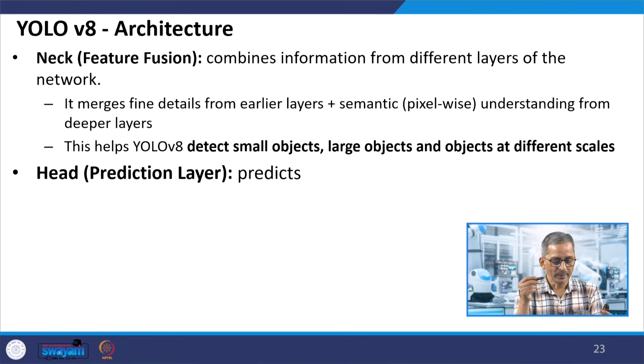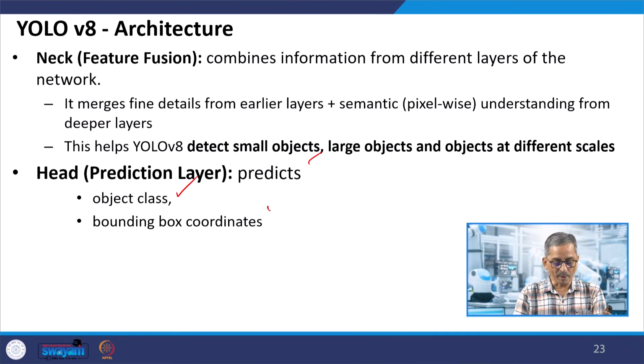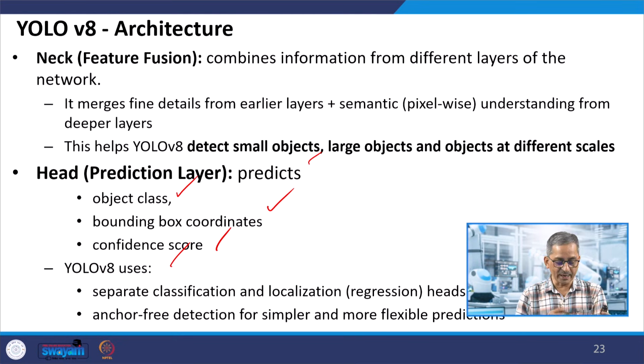The head, that is the prediction layer, predicts the object class, the bounding box coordinates and the confidence score. As just discussed, it uses separate classification and localization, and there is anchor-free detection for simpler and more flexible predictions.